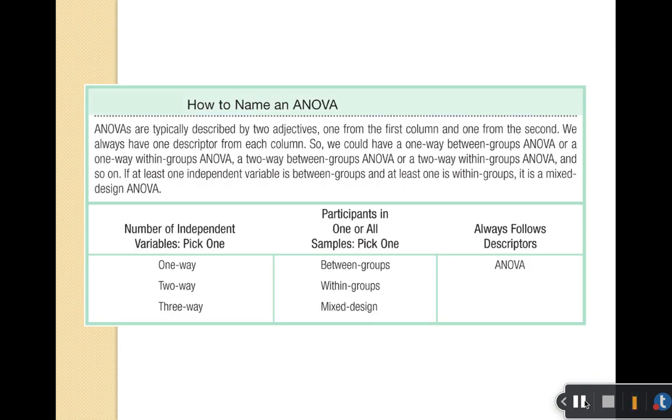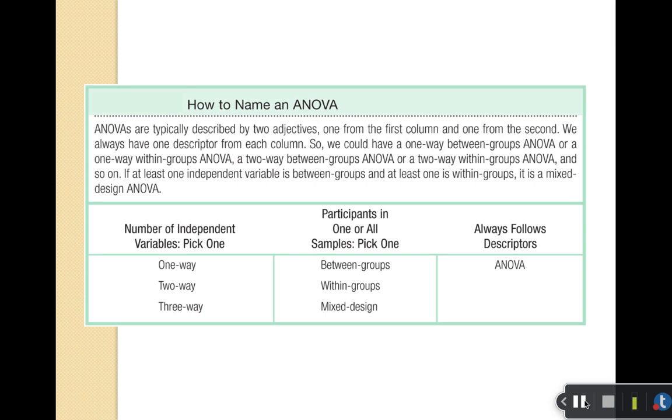A question that comes up a lot, especially when you're reading journal articles, is how to name an ANOVA. You've probably seen this before in either the results section of a journal or the methods section, the proposed analysis section. Typically when we describe an ANOVA, we can map this out using this table.